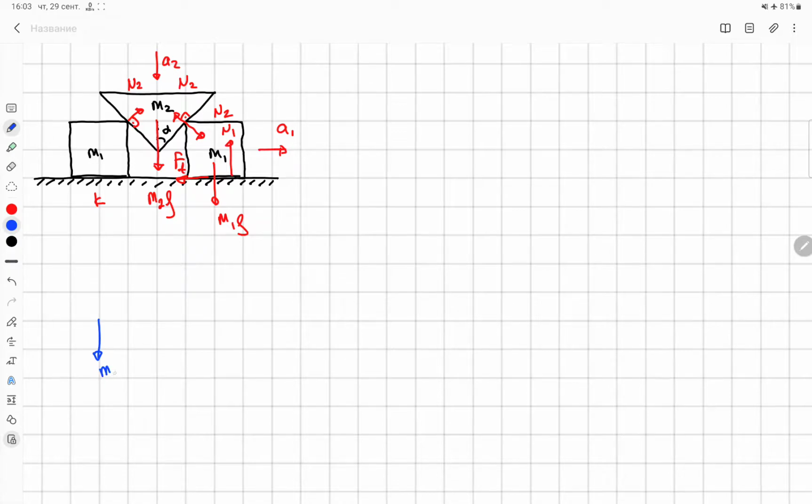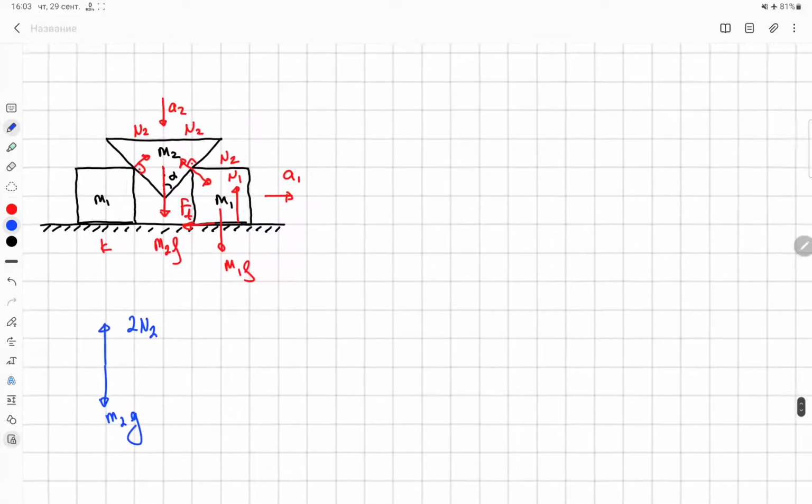Downward we have M2G and the reaction force. This reaction force, let me draw in terms of components. Upward we have 2N2, 2 because we have two forces, symmetrical, and now we need to find sine alpha or cosine alpha.